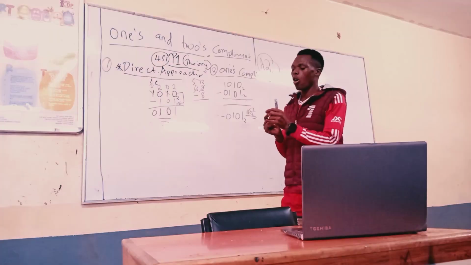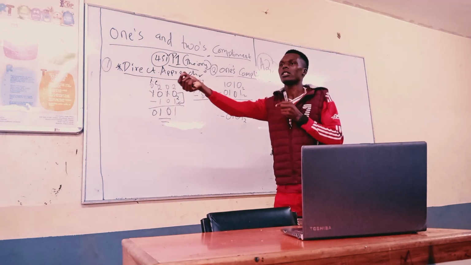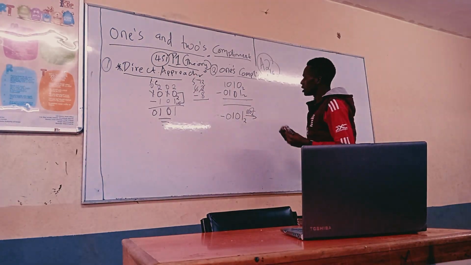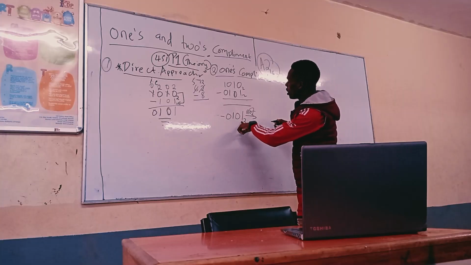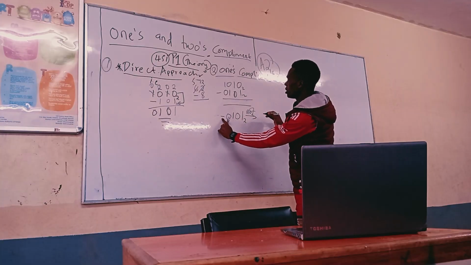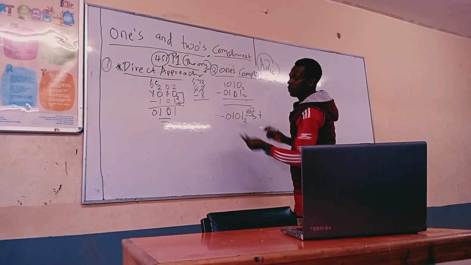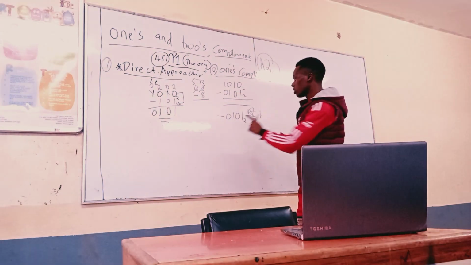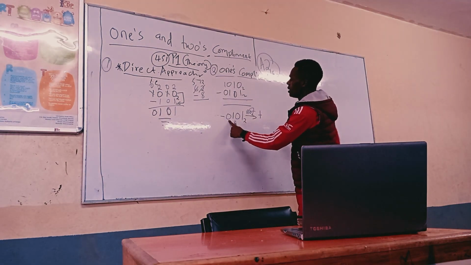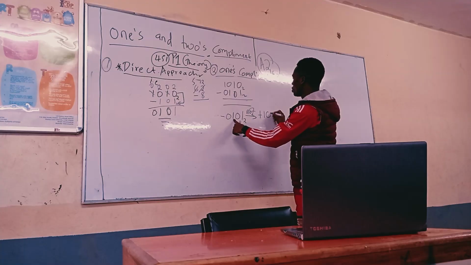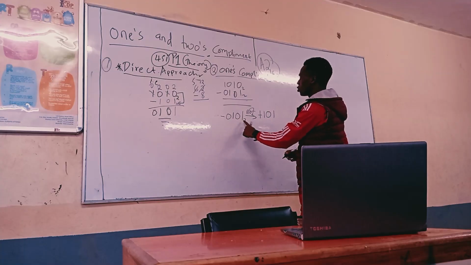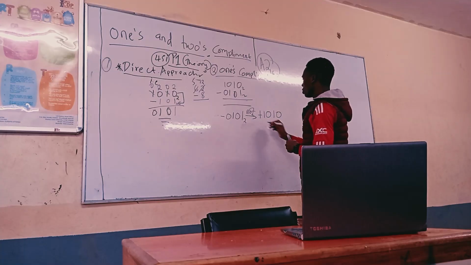So the opposite, the complement, of 0 1 0 1. When you do the complement, the negative turns to a positive. This 0 turns to a 1, this one turns to a 0, this one turns to a 1, and then a 0.